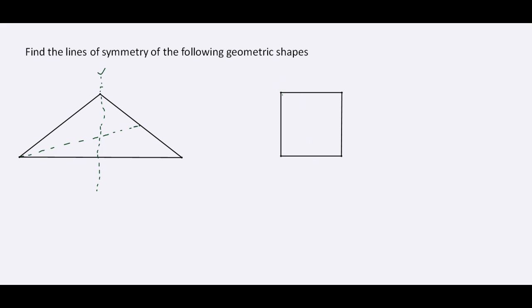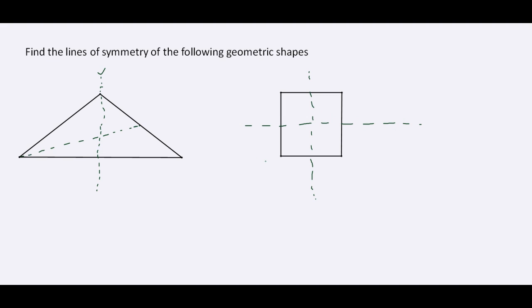What about this square? So let's try with the horizontal line first. Horizontal line is going to be this right here. So we can see that this is a good line of symmetry. What about vertical line? Let's try vertical line here. We can see that it does divide the square in two equal halves.